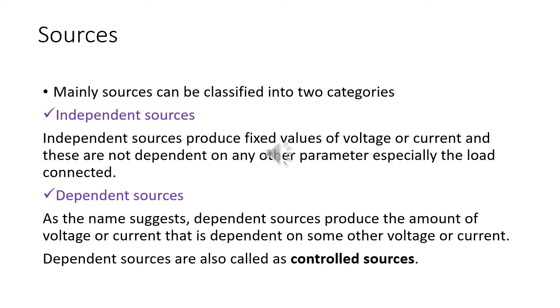But a dependent source produces a voltage or current that depends on some other voltage or current. These kinds of sources are also known as controlled sources.